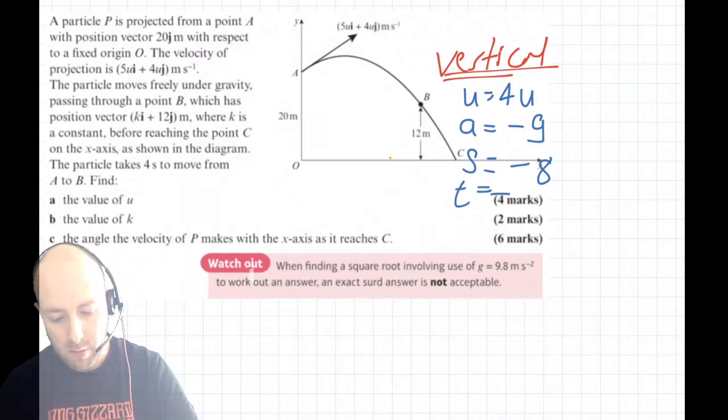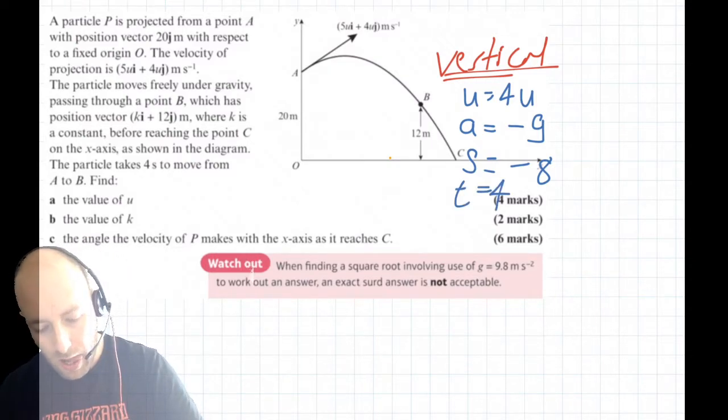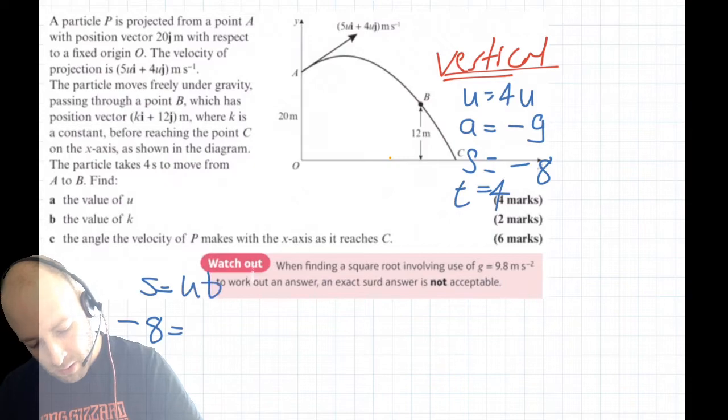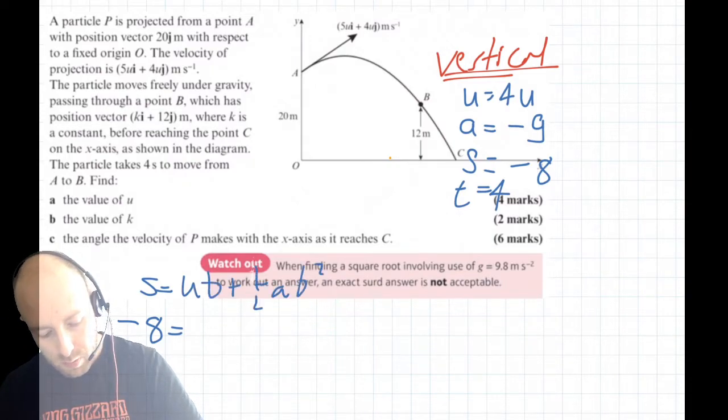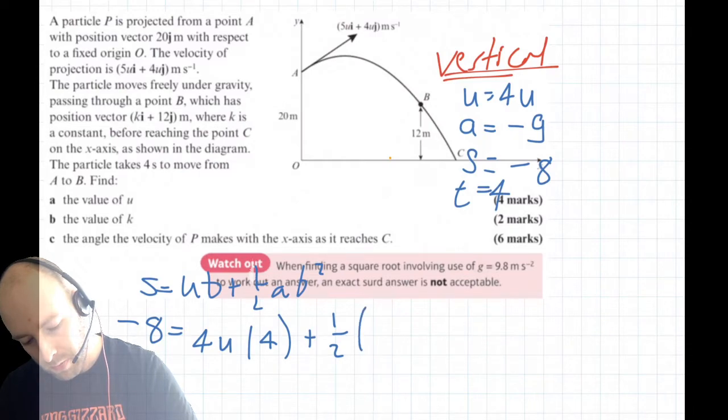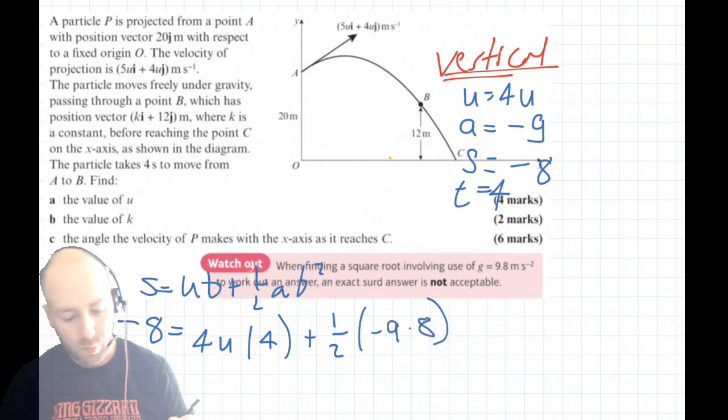So if we put all this together, s equals ut plus half at squared: minus 8 equals 4u times 4 plus half of minus 9.8 times 4 squared.